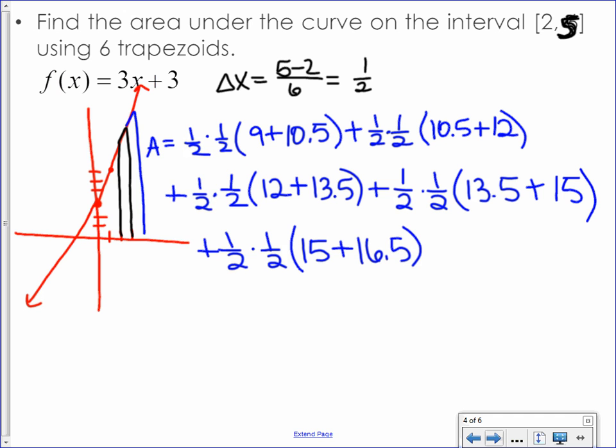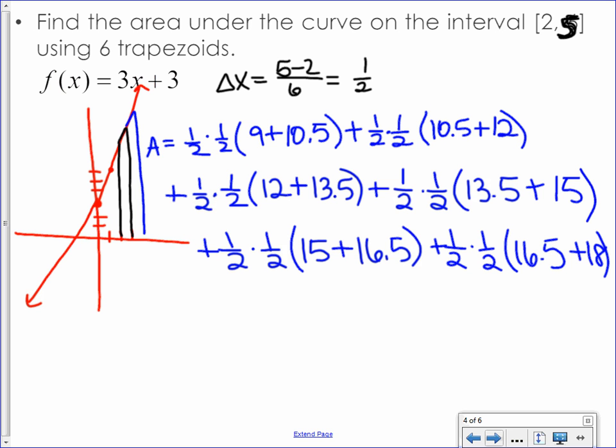Yep, 13.5. Okay. And then our last trapezoid, 1/2 times the height times one base is when we plug in 4.5. One base is when we plug in 5. Okay? So there are our 6 trapezoids.